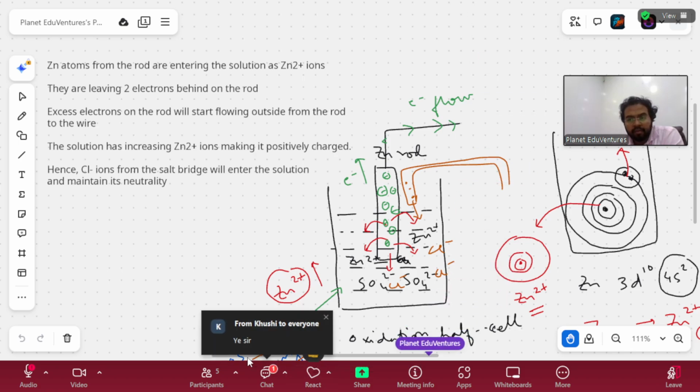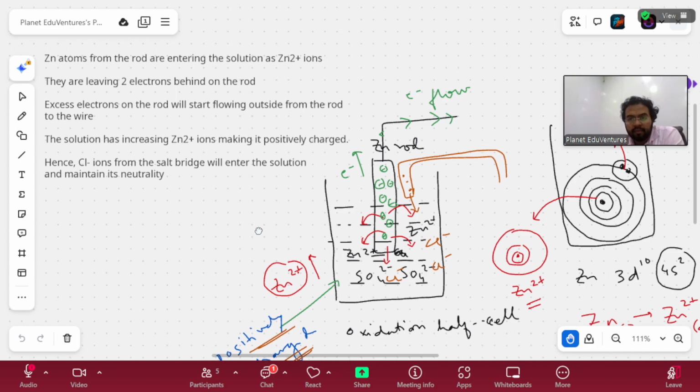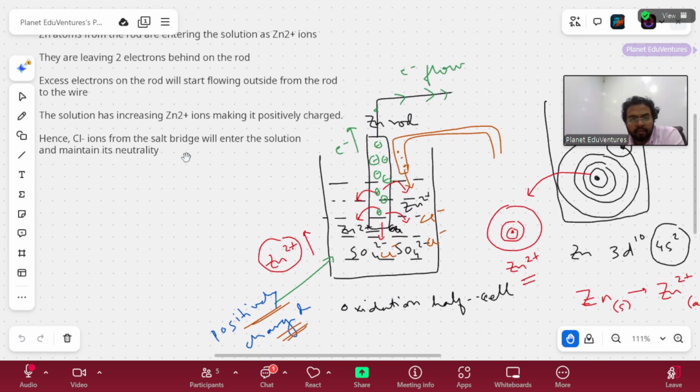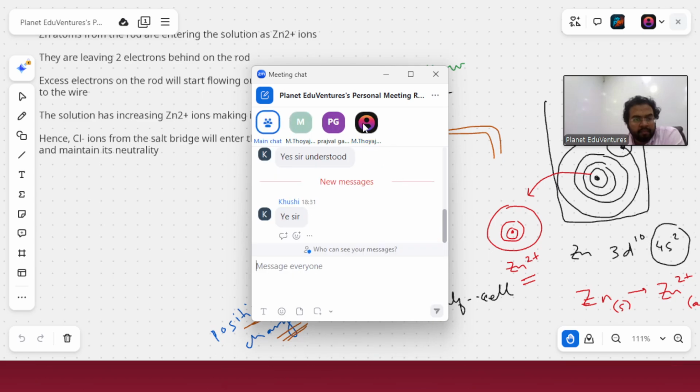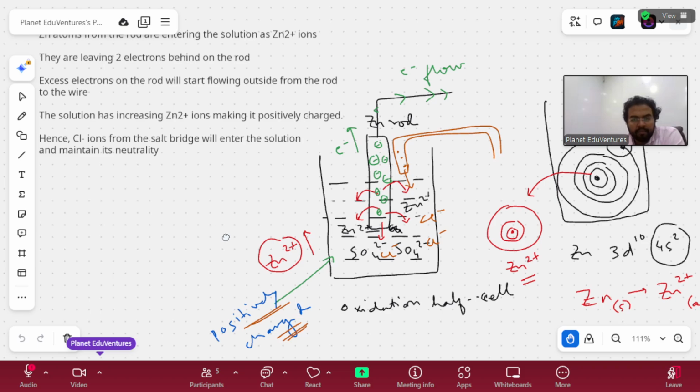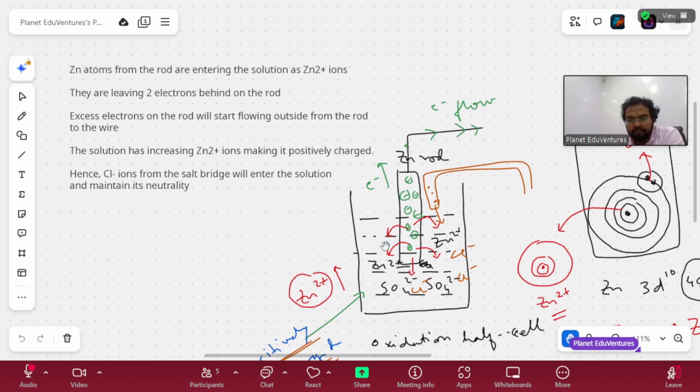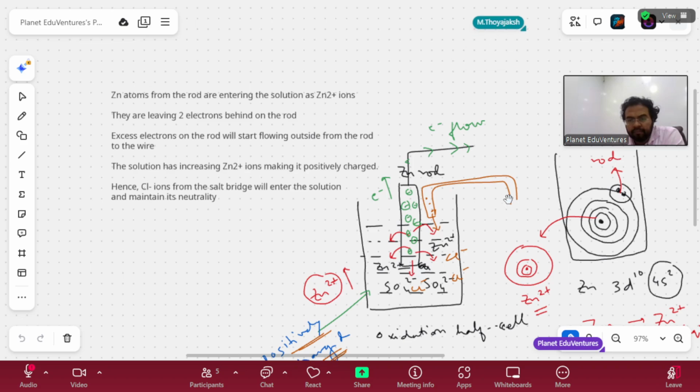Khushi, understood? Okay, very good. So this is what is happening on the left side. Please make sure that this is saved. All right, let's look at the next one.